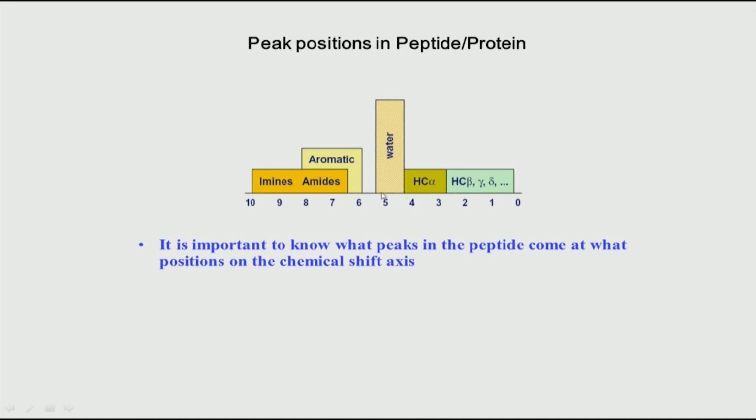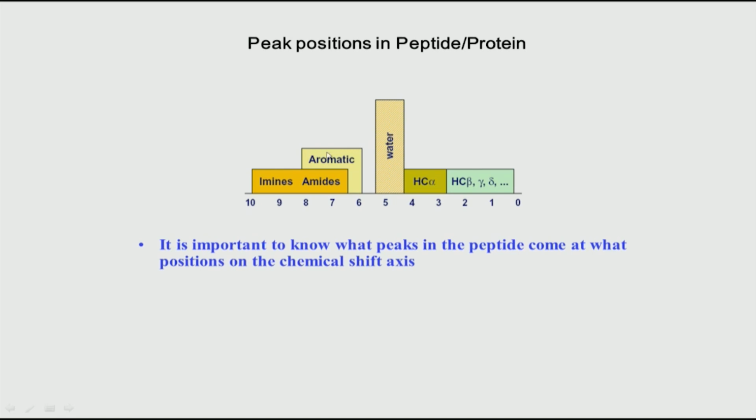Typically a peptide is a biological molecule, and the same with protein, so we record those spectra in water or deuterium oxide, D2O. The water comes at this position, around 5 ppm. Then between 6 and 7 or 8 ppm come the protons from the aromatic amino acids: phenylalanine, tyrosine, tryptophan, and histidine.